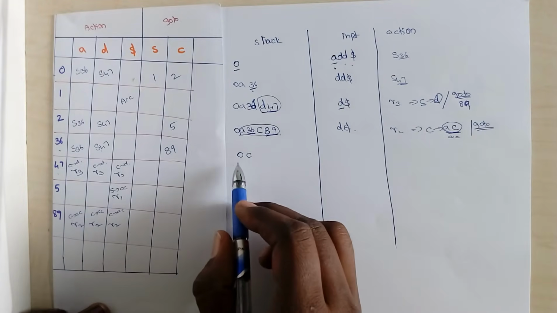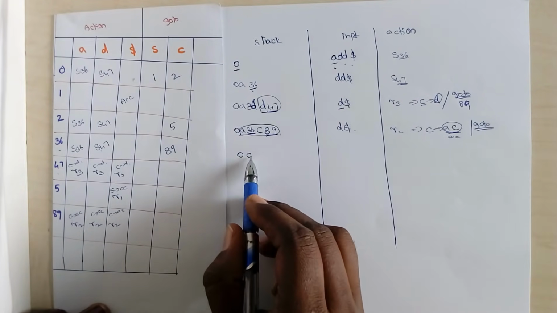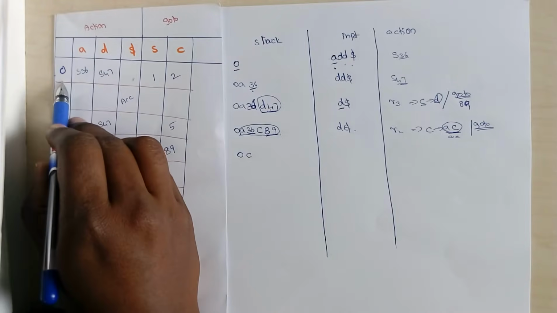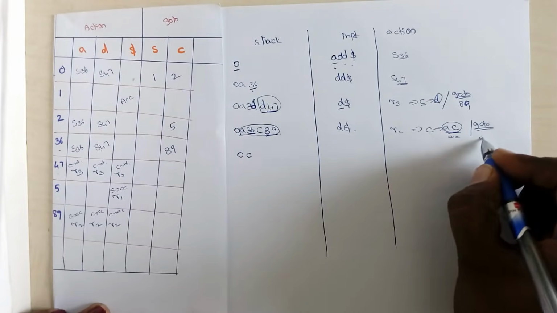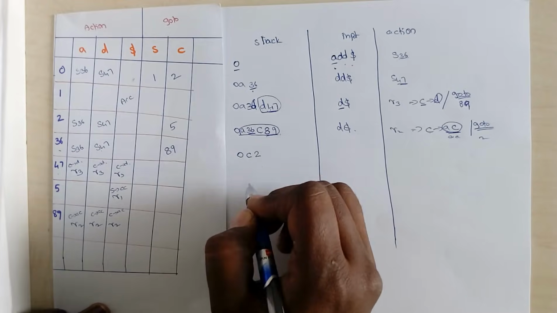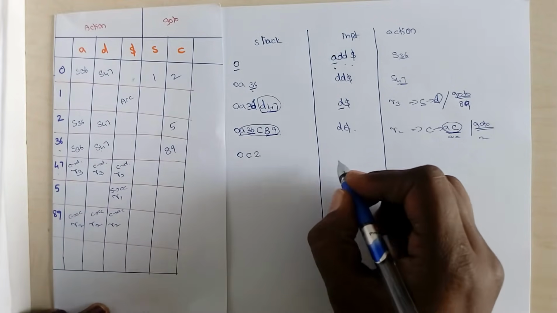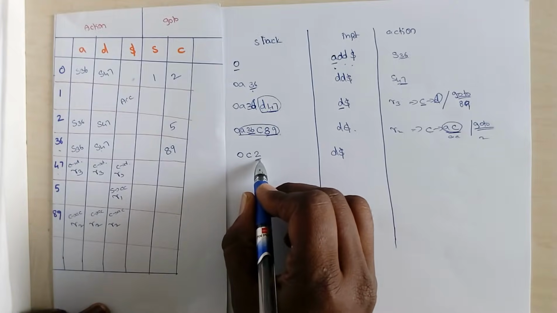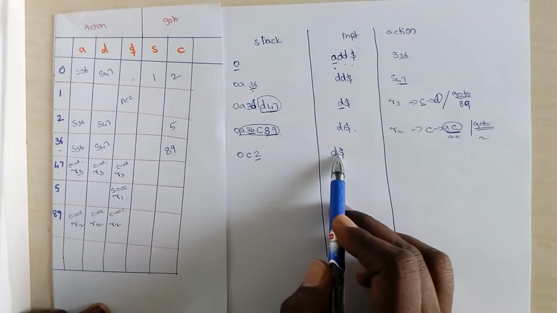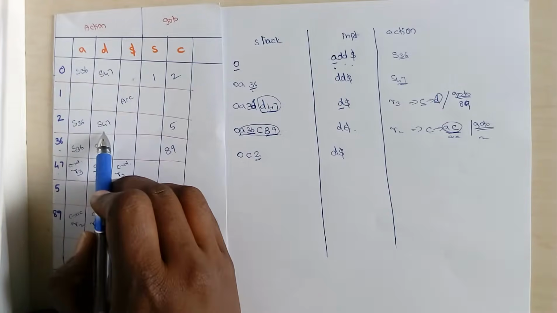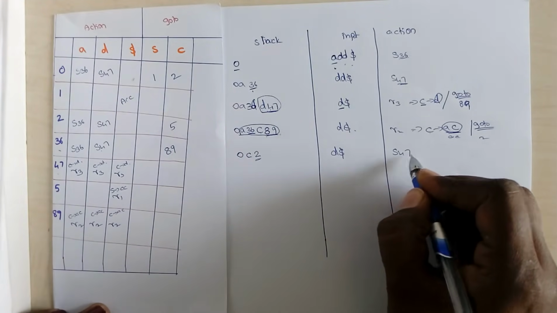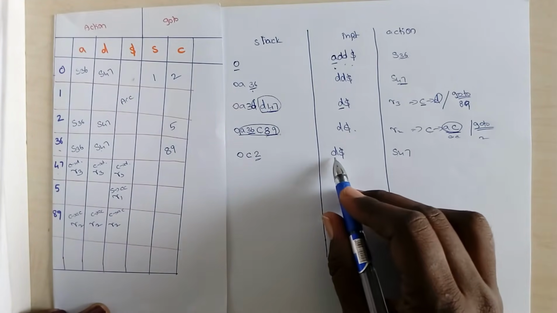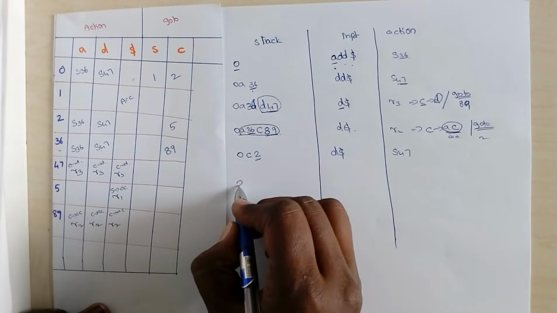Each and every reduce operation is followed by a goto operation. So goto is, we have to make a transition on 0 comma C. State 0 comma C goes to state 2. So push this state 2 inside the stack, and the input will be D and dollar. Now the topmost element of the stack is 2, and the input contains D. So 2 comma D we have S47, that is, shift one element from input to stack.